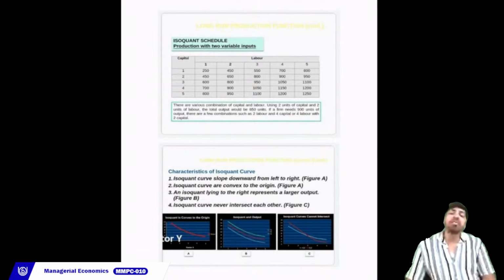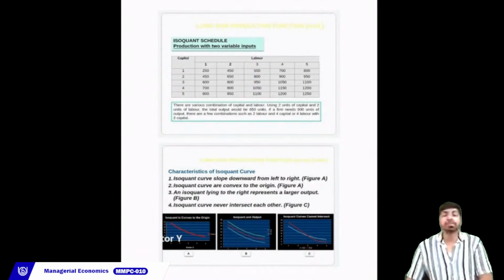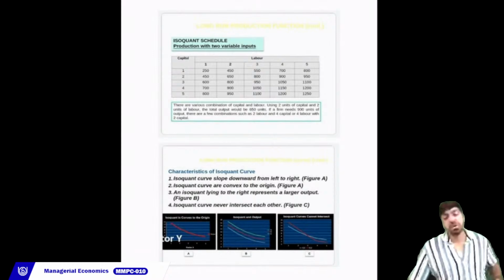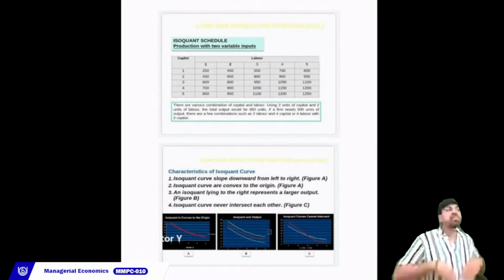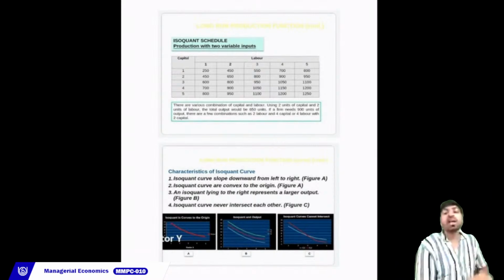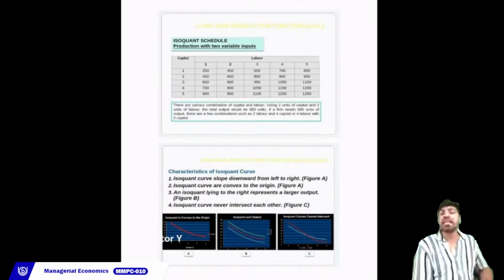Light blue shows the lowest isoquant, then the red is the higher isoquant, and the green is the highest isoquant. So the isoquant on the right, the green, represents the highest level of output.